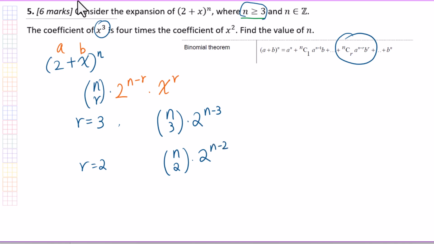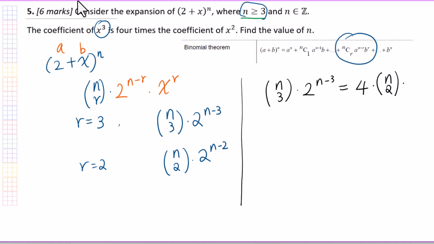Based on the given information, we can set up the equation: n choose 3 times 2 to the n minus 3rd power equals 4 times n choose 2 times 2 to the n minus 2nd power.